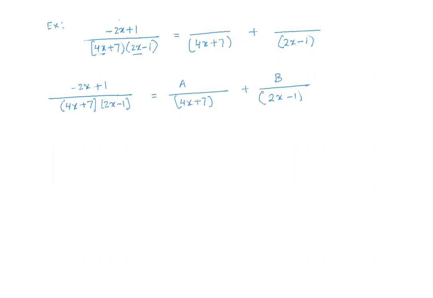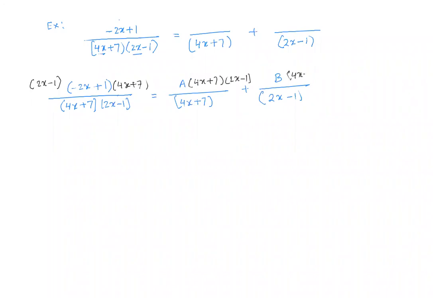Again, the same thing. We are going to multiply both sides by 4x plus 7 times 2x minus 1. I mean both sides, not top and bottom. Both sides by this 4x plus 7 times 2x minus 1.